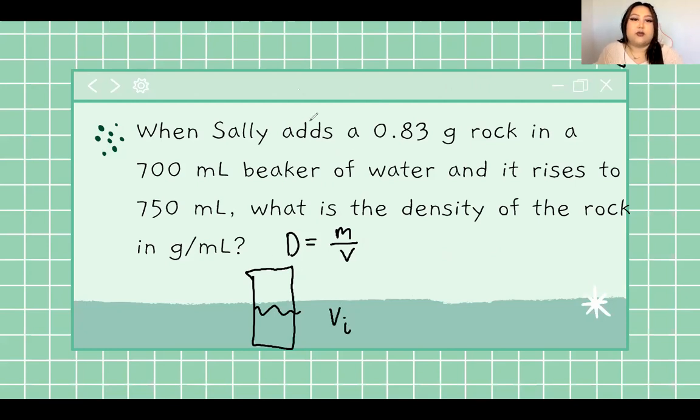And then once you place that rock in, it displaces the water, so the water level rises and that will be your V final. So your total volume would be V final minus V initial. Does that make sense, Iris? Okay, perfect.